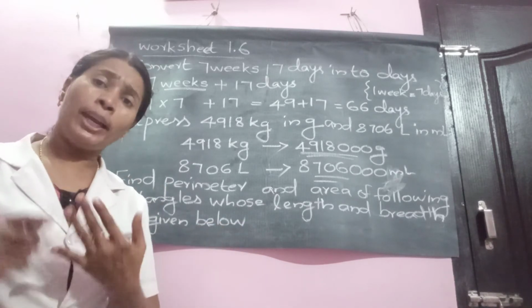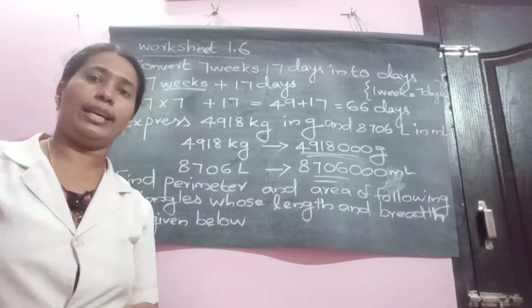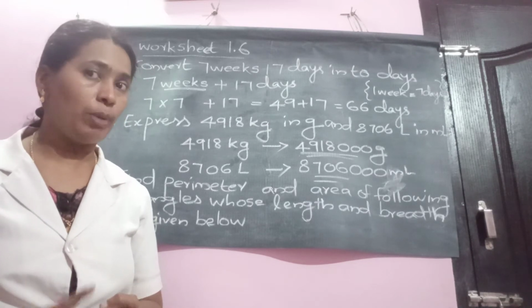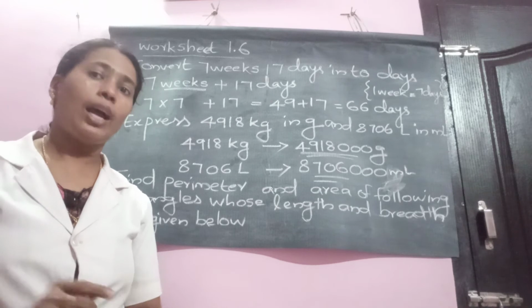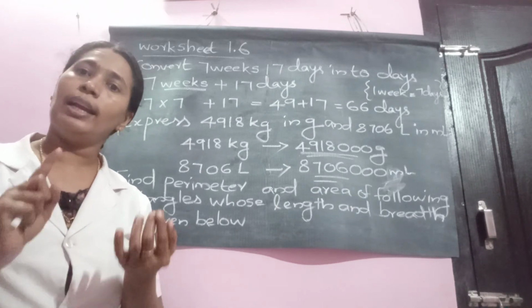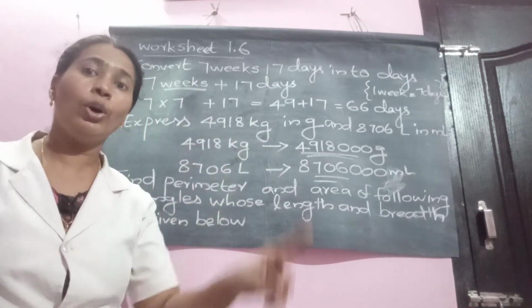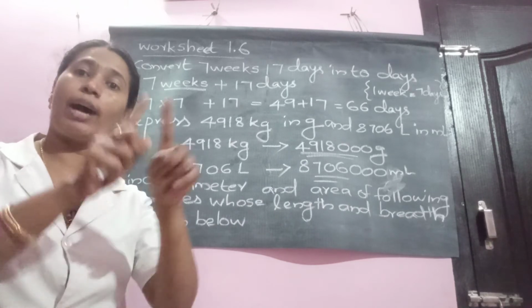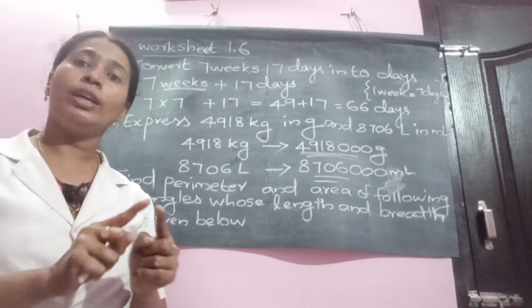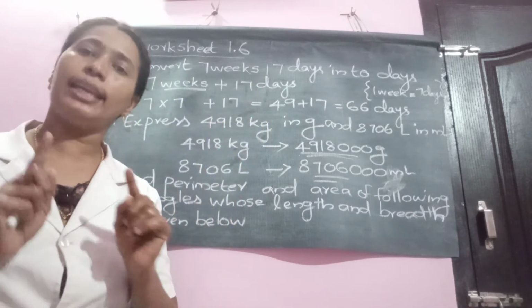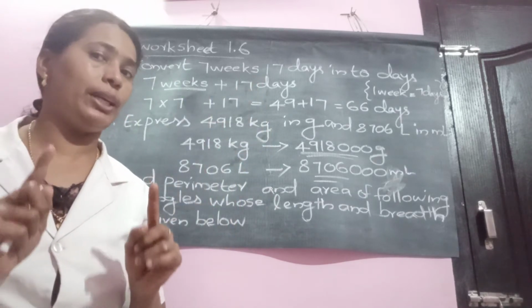In order to find them, we should know the formulas. What is meant by perimeter? The total length of the 4 sides, or the outer boundary.